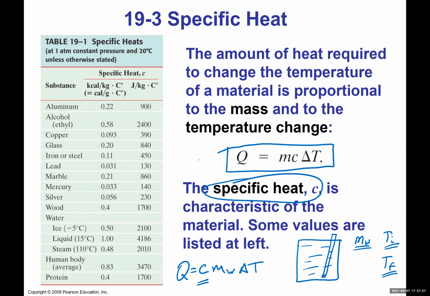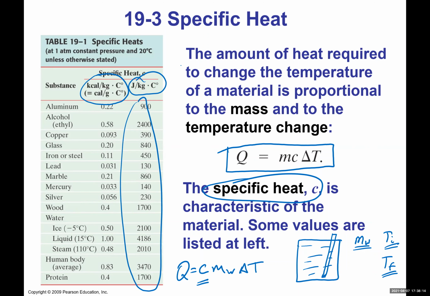Specific heat is a substance-specific quantity. So you can see from this table, you have specific heat in terms of kilocalorie per kilogram degree Celsius or joules per kilogram degree Celsius. I would say that this column is one that we're going to be using quite a lot. So for example, here's water.